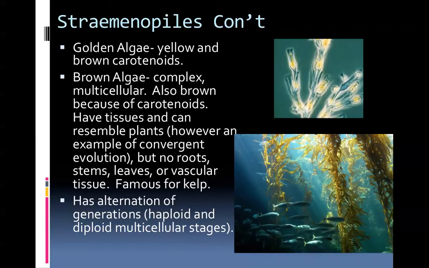I mean, if you're going to know maybe the top 5 protists of this group, you better know brown algae. And the reason is that brown algae are multicellular, and they can form these giant kelp forests like you see here in the bottom right hand picture.